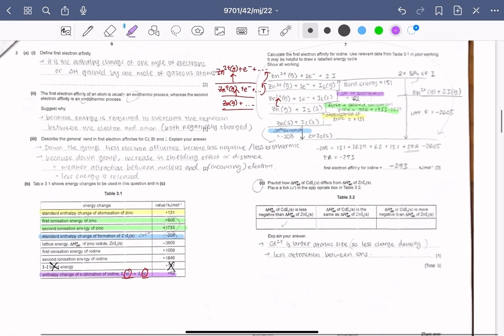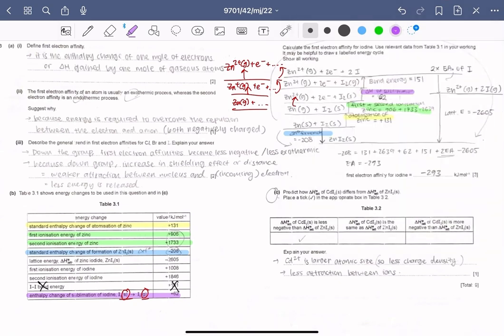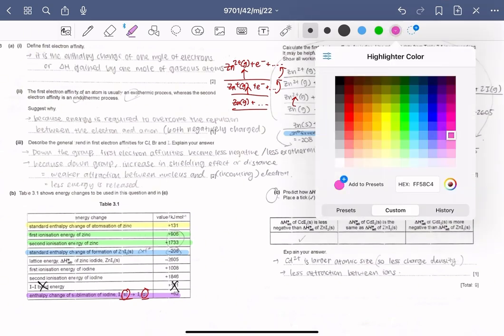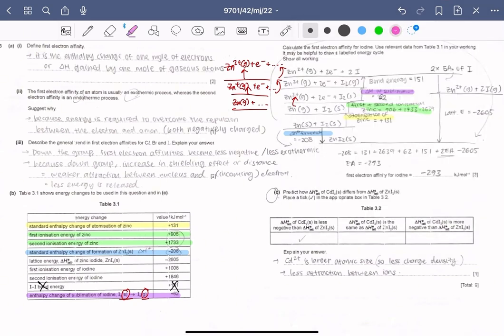Okay, next, because I2, we actually need to convert it to I actually. Oh, I forgot about this. So the I-I bond energy is actually required. So we need to write 151 also here. Sorry.